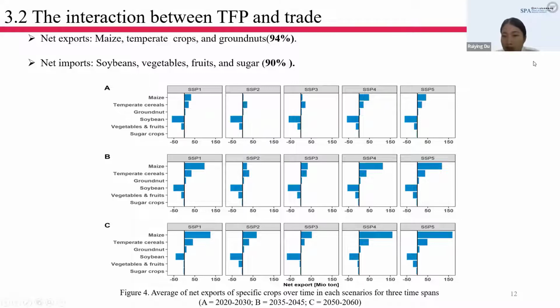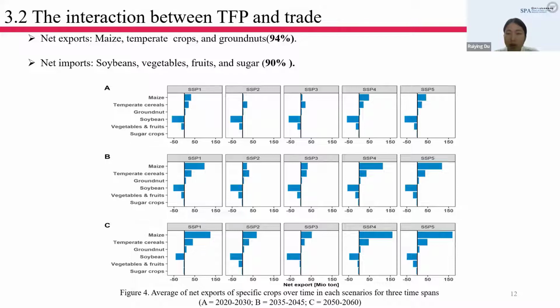With the continuous growth of productivity in the crop sector, China has already achieved net exports of some crops. Note that maize, temperate crops, and groundnuts are the main export crops, accounting for 94% of China's crop sector exports.